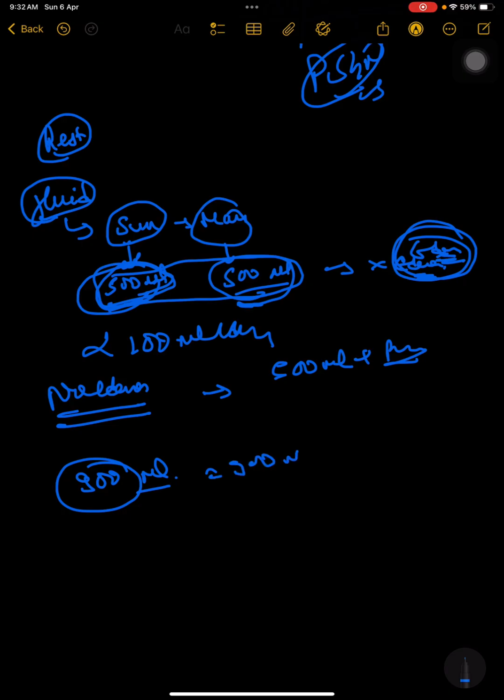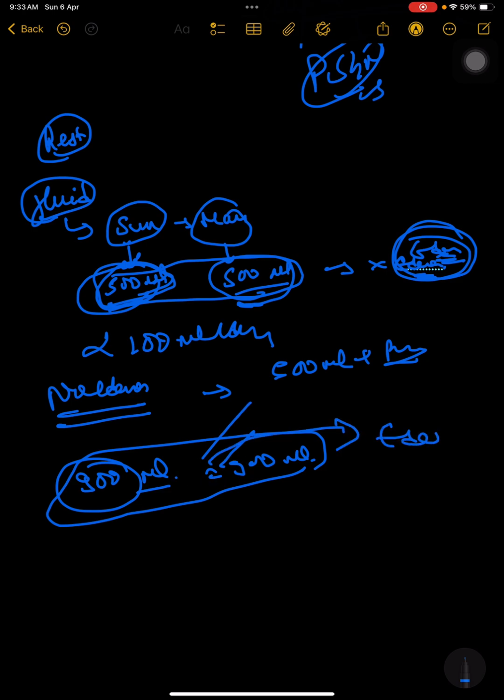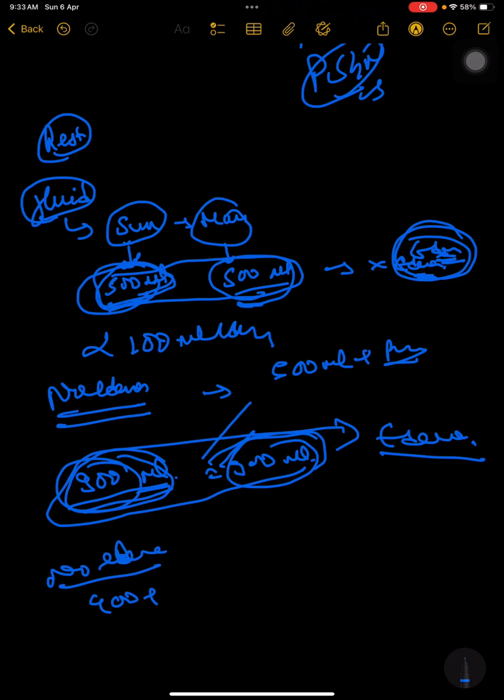If I am giving 900 ml today, what is this? This is a case of edema. So if there's edema, you just give 900 ml of fluid again. But if there is no edema, you can add 500 ml extra, okay? So we complete this fluid component.